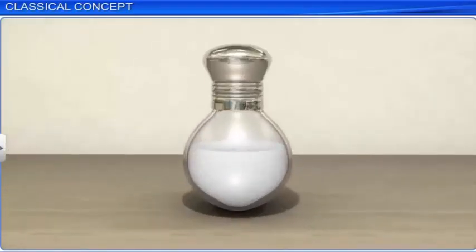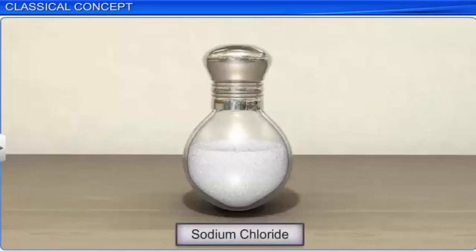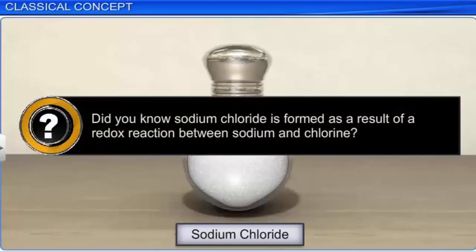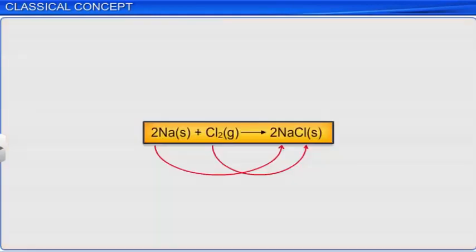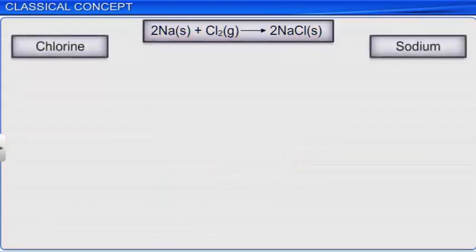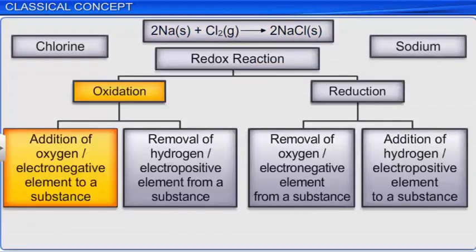Let's look at an example. Consider the common salt sodium chloride. Did you know sodium chloride is formed as a result of a redox reaction between sodium and chlorine? Let's understand how. Sodium is oxidized due to the addition of an electronegative element, chlorine.